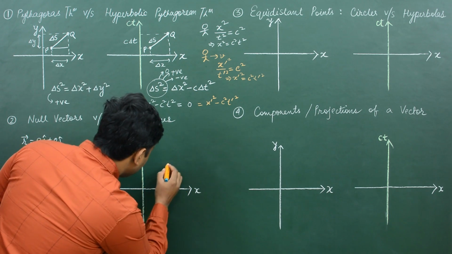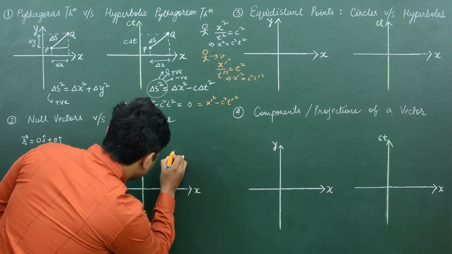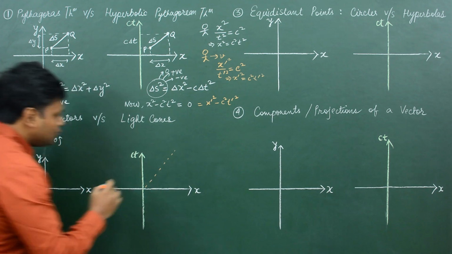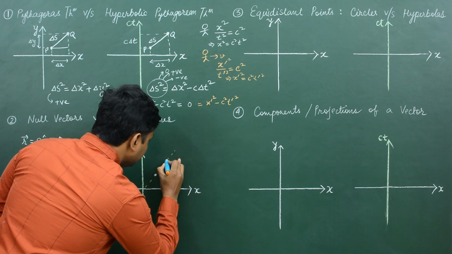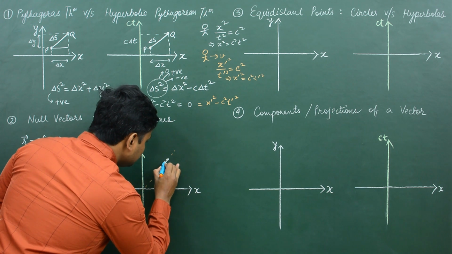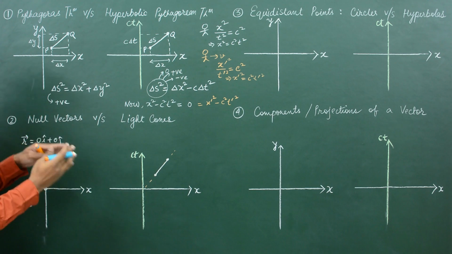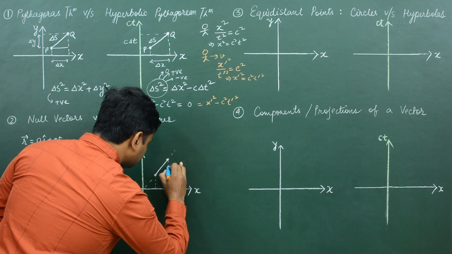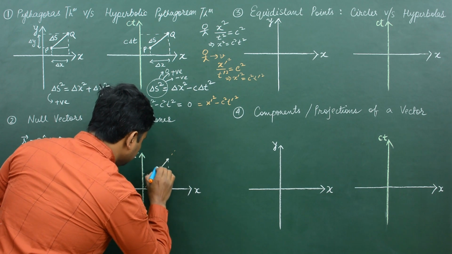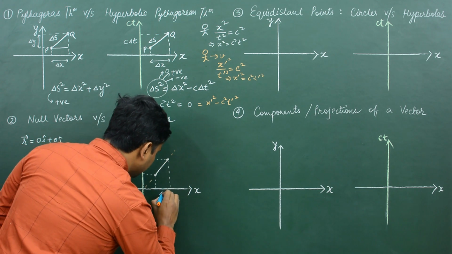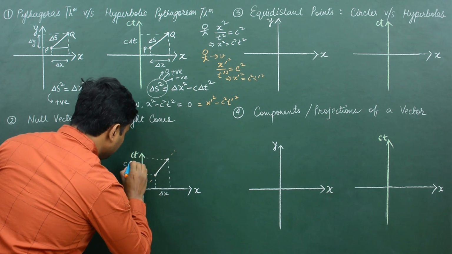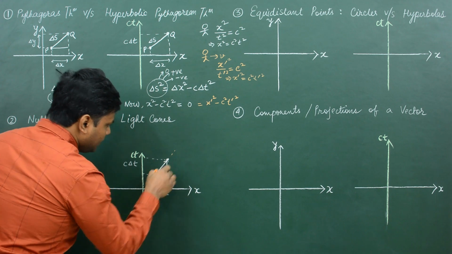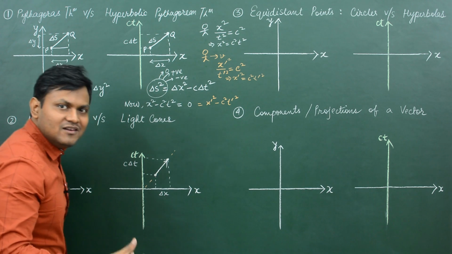Okay, so if I draw a line like this, and I take any two points here, as you can see from the symmetry of this kind of a diagram, the del x and the c del t are equal to each other. That means this vector, if I create a vector between these 2 points, is a null vector.